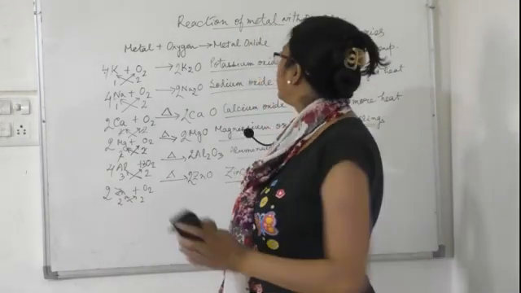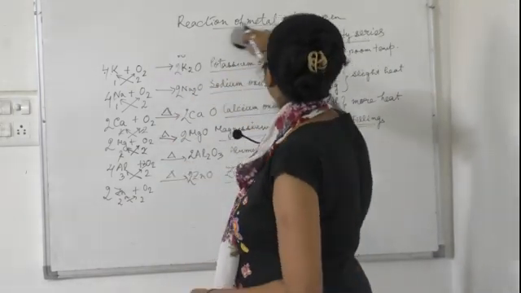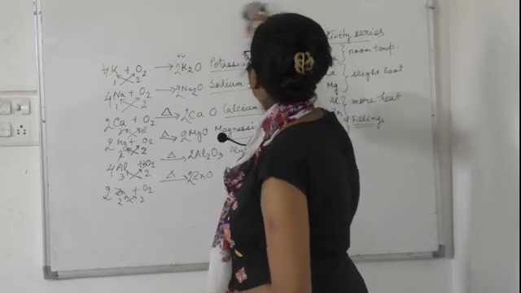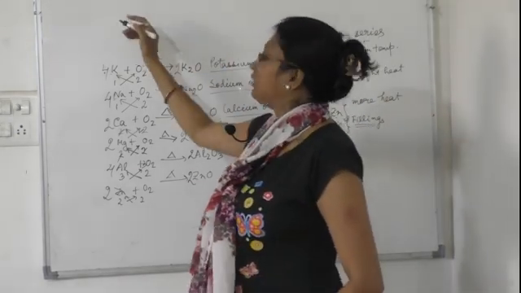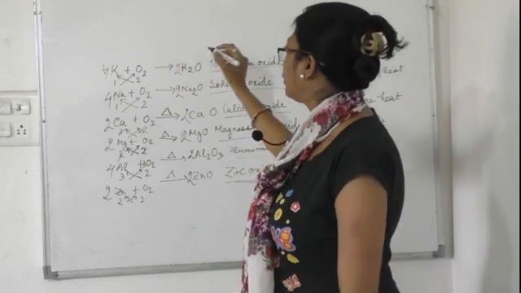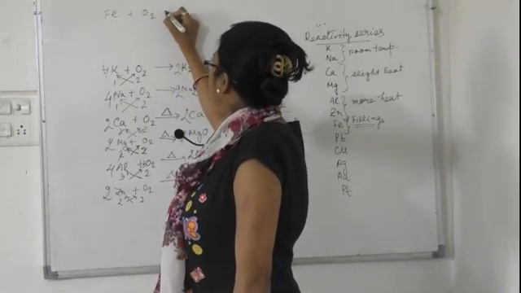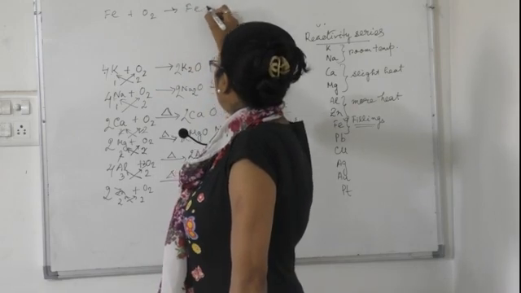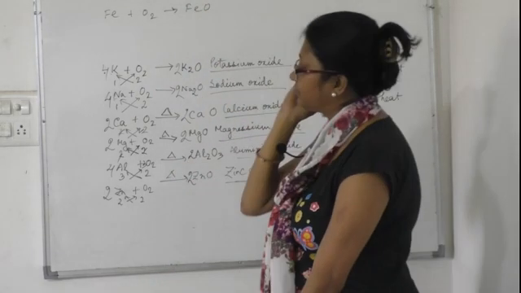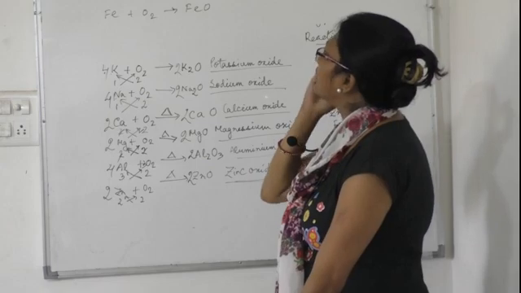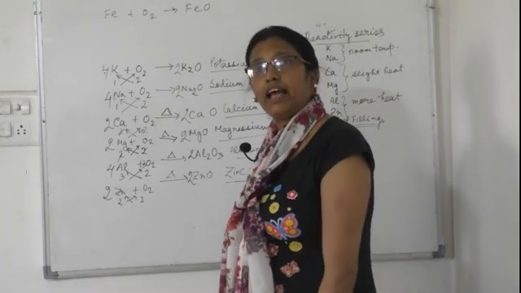So let's rub this one, and write the iron reaction over here. Iron plus oxygen, FeO. Now here iron is having variable valency.